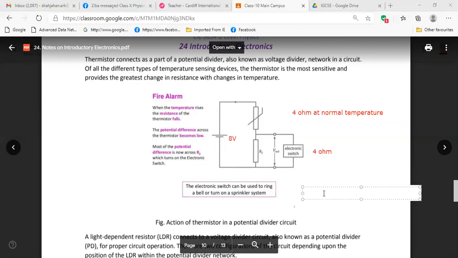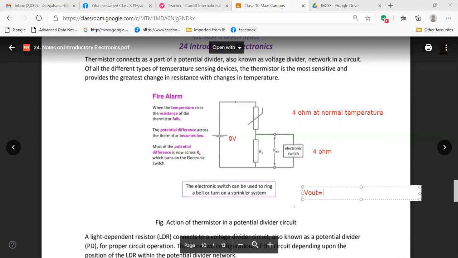Now you calculate V out using the previous formula. I am not writing the formula, you just do it and tell me the value for these values and this condition. Twelve?